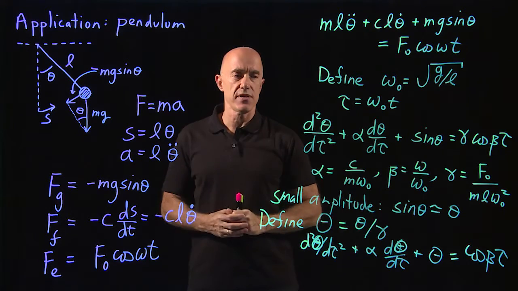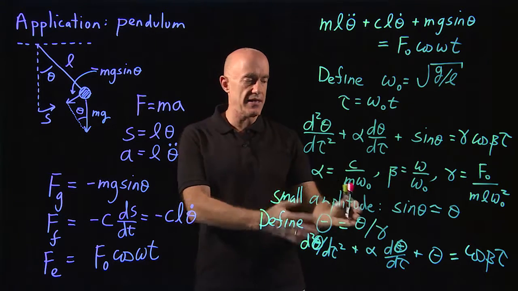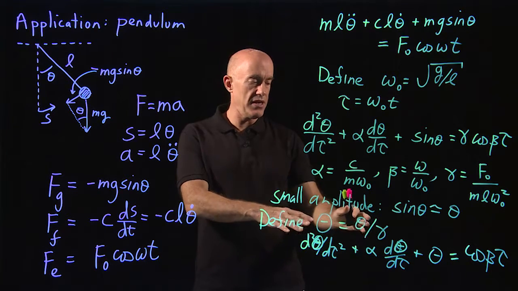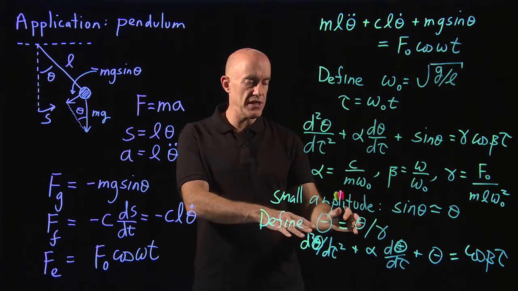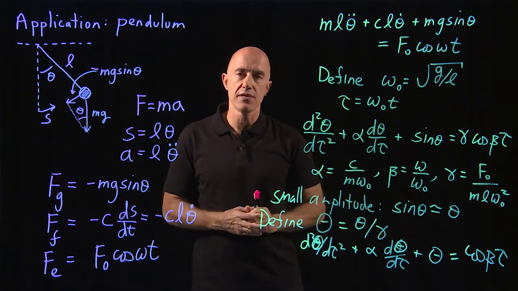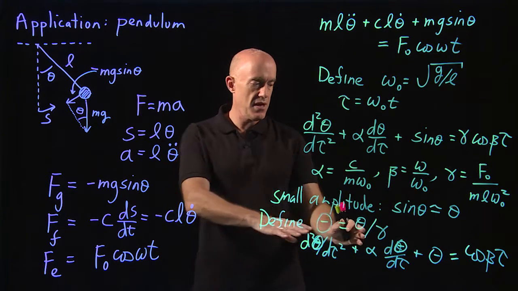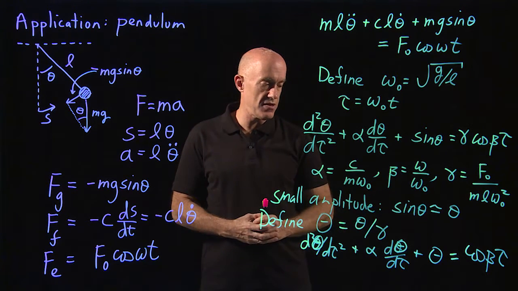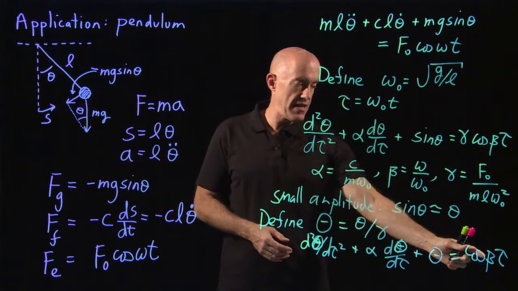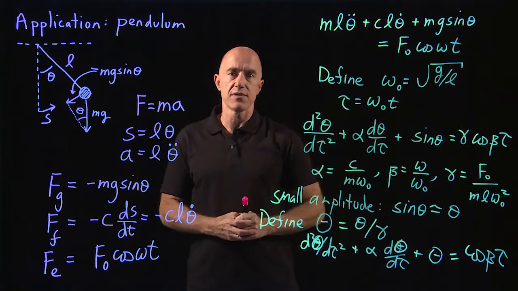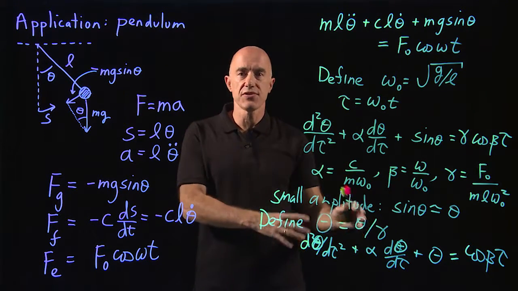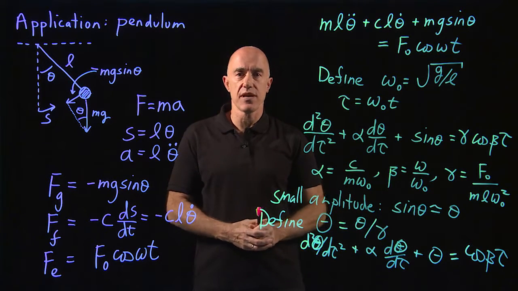Physically, they're all different, but they all satisfy exactly the same second-order, linear, inhomogeneous differential equation with constant coefficients, with one coefficient alpha in the derivative term, and then a beta as the frequency in the forcing term. So we need to solve this equation, and that's what I plan to do.